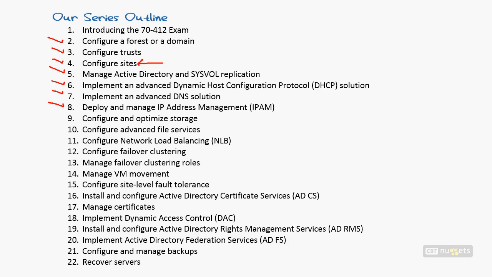I have to assume that you have some understanding of things like DHCP and DNS, because we'll be focusing only on the specific objectives and how they relate to DHCP, DNS, and all the other topics here. So there'll be some skipping over, but this is under the assumption that you've already looked through the 410 and 411 content and probably taken the exam.